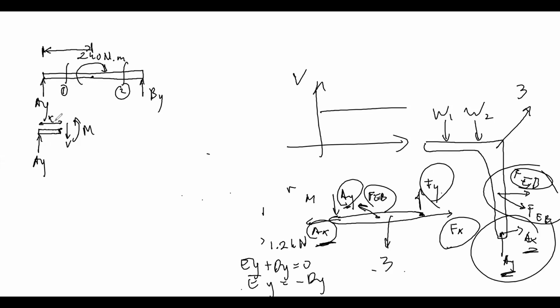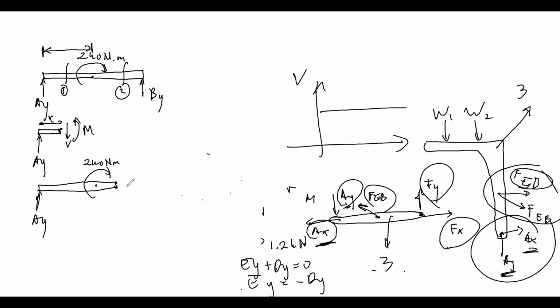And for the second section, if you want to use the left part instead of the right part, then in that case you have to draw the 240 Newton meters. You draw it like this. You have AY here, and here we have 240 Newton meter.